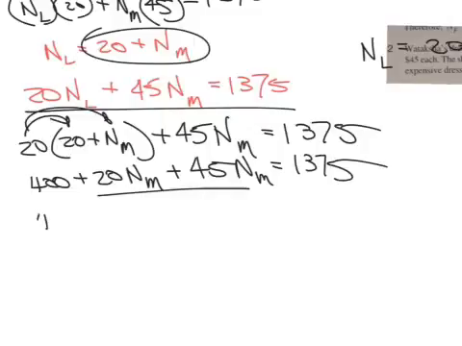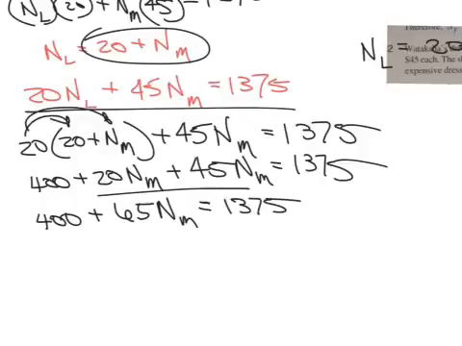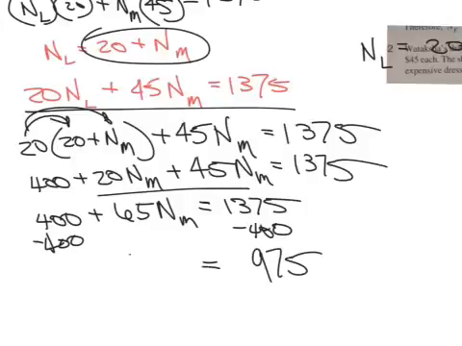Let's add those. Subtract 400, and that's going to be, let's see, 975, and this is 65, because those went away.